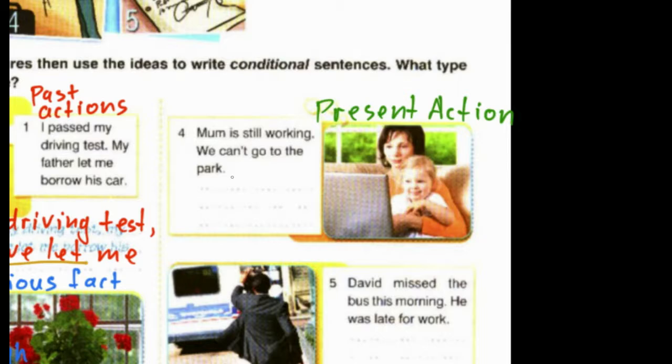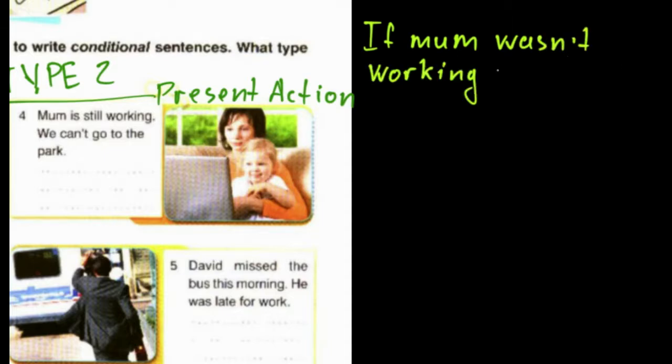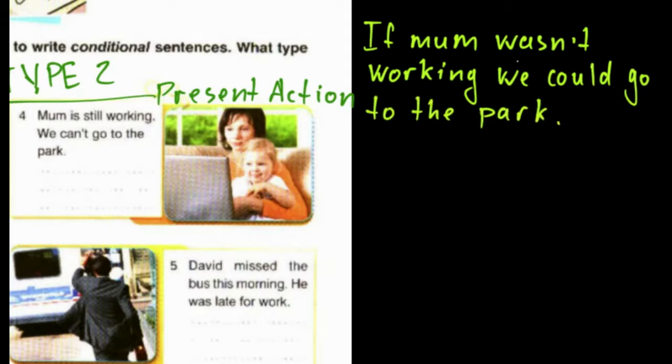So here we use type 2 condition because we talk about some unreal situation in the present. So here in the if clause, I place past simple. If mom wasn't working, we could go to the park. And here I use past continuous, and in the main clause I use modal verb could with present infinitive.